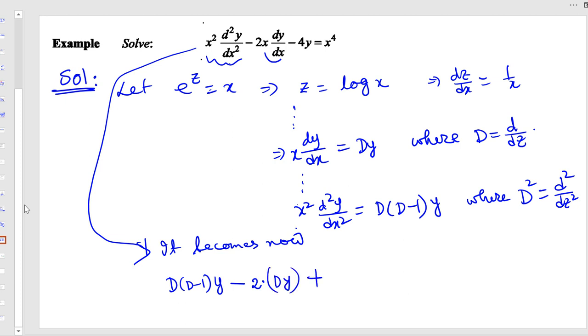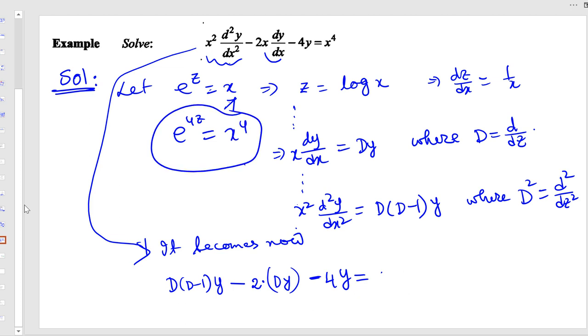Okay, plus, not plus, this is minus 4y was there, and in place of x to the power 4, remember, we need to do the substitution, so e to the power 4z equals x to the power 4. So again this is e to the power 4z. We need to do some transformation so that our well known formulas can be applied here. That's the only purpose.